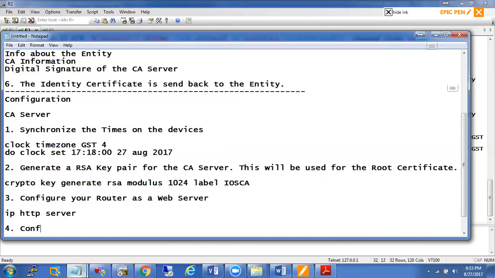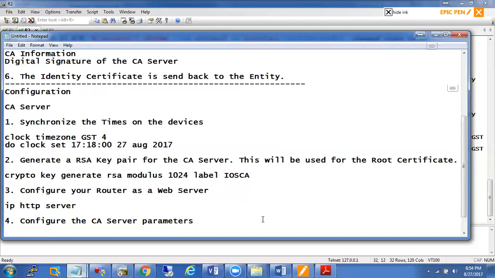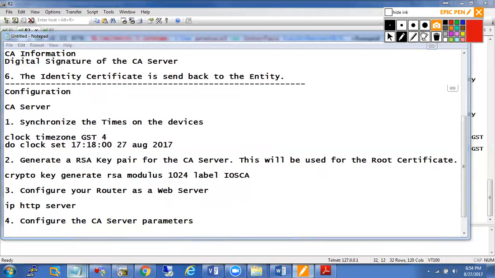And the last thing, configure the CS server parameters. Parameters like what? Remember, I told you that whenever I send a certificate out, it contains the CA info, who the CS server is. Like I am the CS server for, let's say, ABC company.